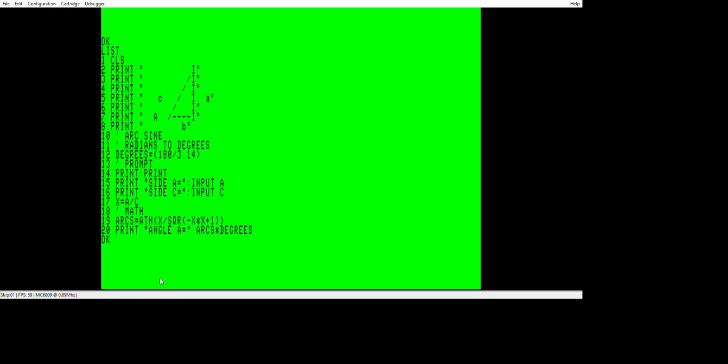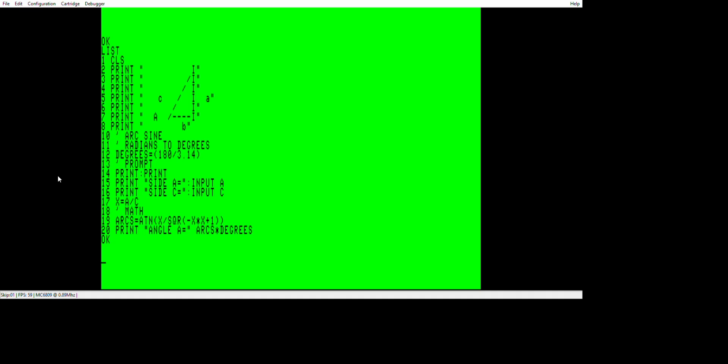I have arc S for arc sine equals, and then the formula is ATN(x divided by the square root of (negative x times x plus 1)). So it's x over the square root of negative x times x plus 1. I don't know where they got this from, but in other terms, that's arc sine on this computer.